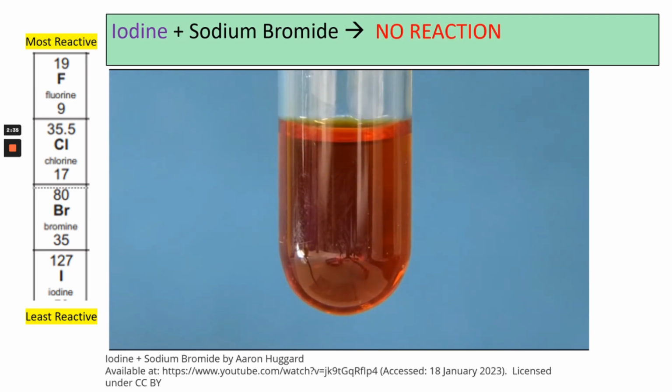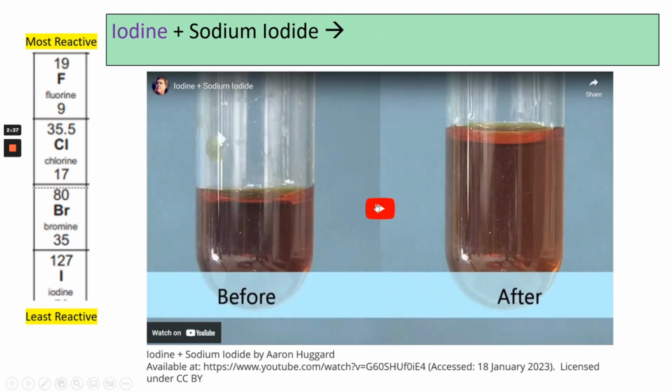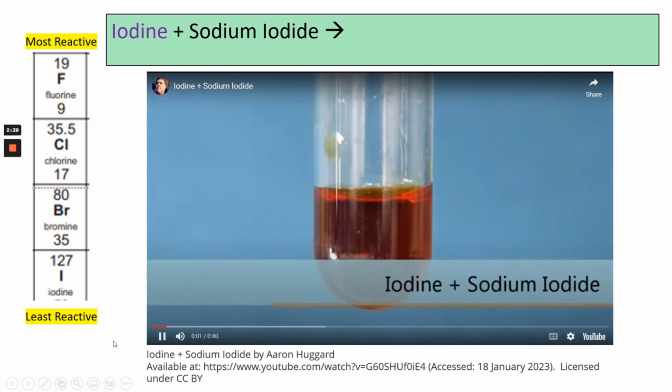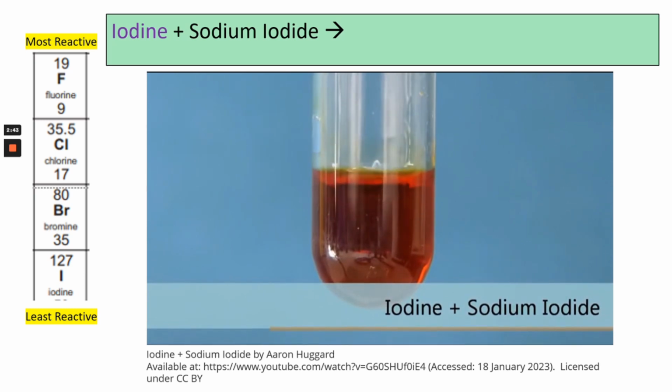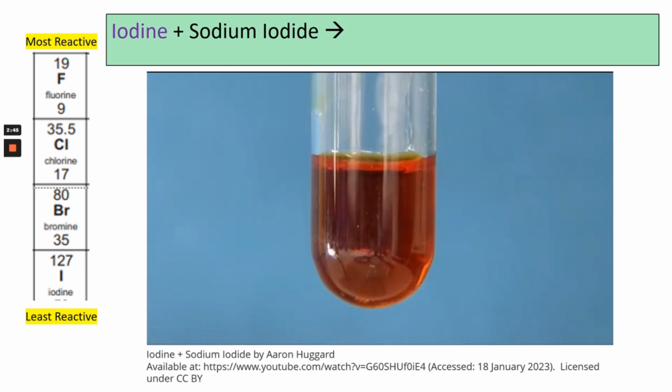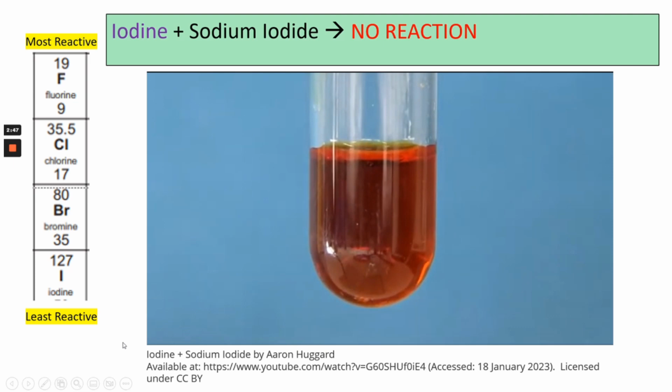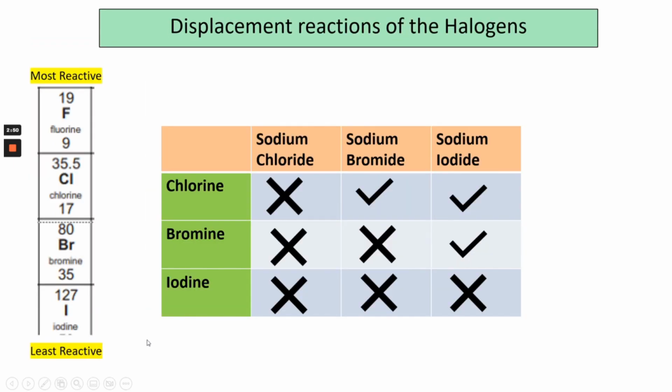There is no reaction again. And iodine with sodium iodide. Well, iodine cannot displace itself, so there will be no reaction and no colour change. And our final table should look like this.